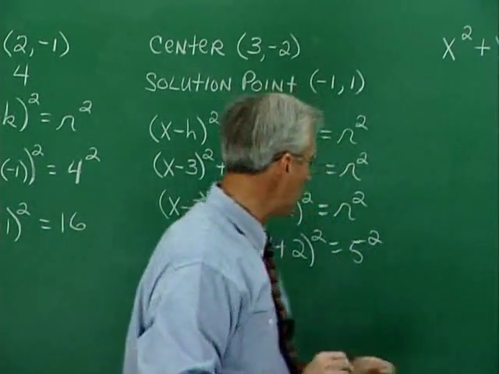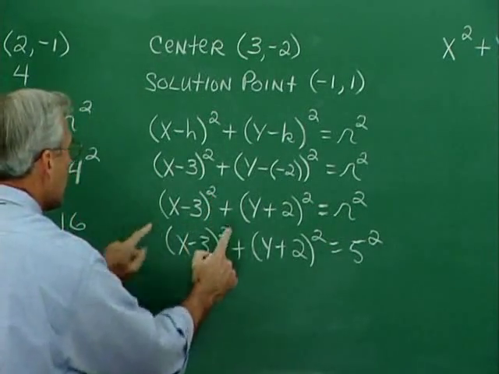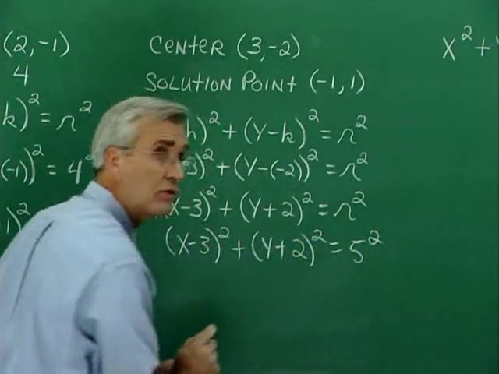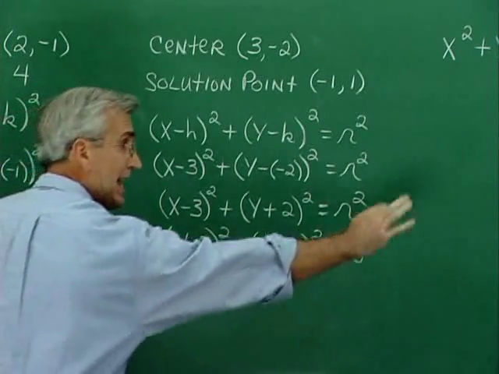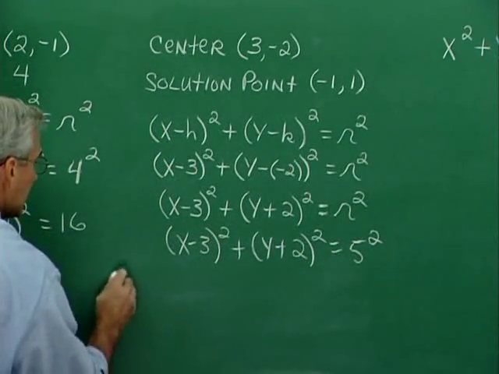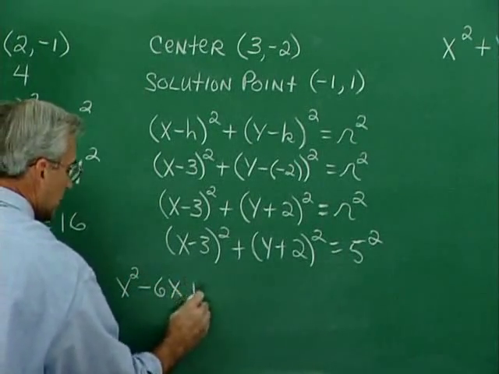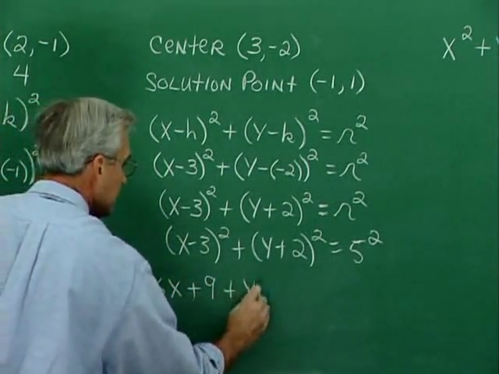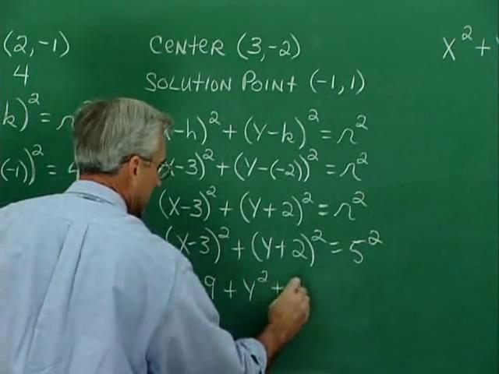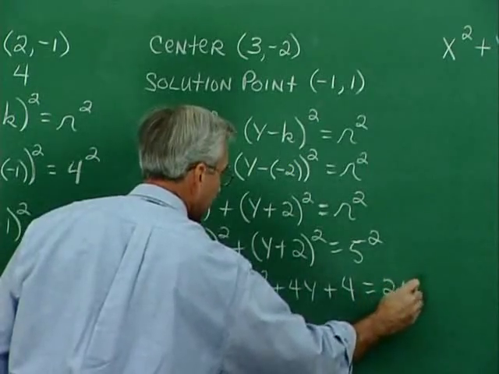The general form associated with this one would mean, well, let's square here and go ahead and square there. Just expand it out, perform the indicated operations. Now this would end up being x squared minus 6x plus 9, and then y squared plus 4y plus 4 equals 25.